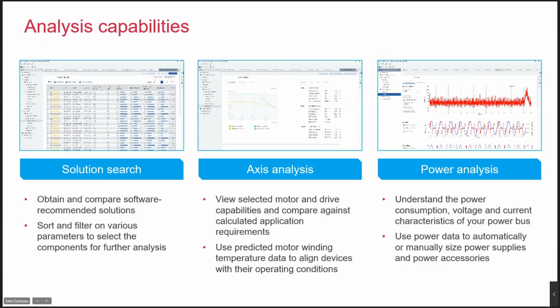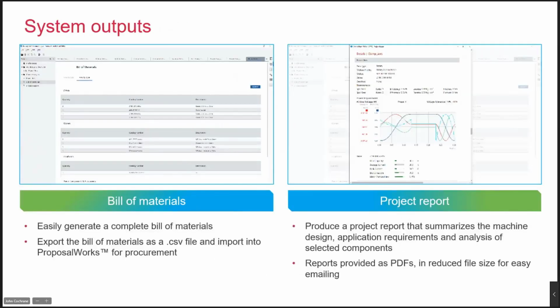And then from that standpoint, we would do a power analysis. Like I said, if you had a vertical axis where we would have some regen that we'd be concerned about, we may need to add a shunt resistor for the bus. We can also do the power analysis that I'll show you today as well.